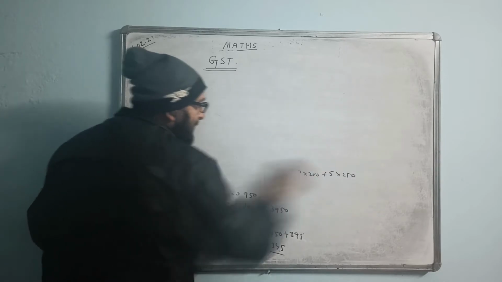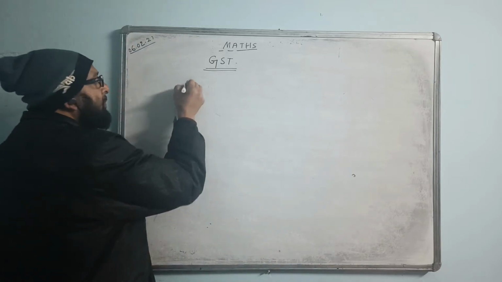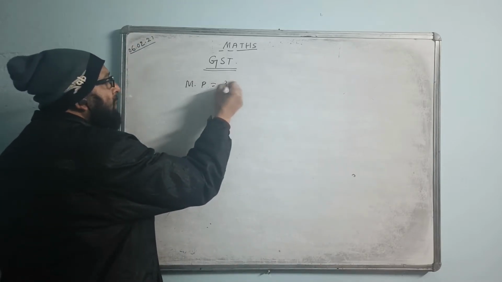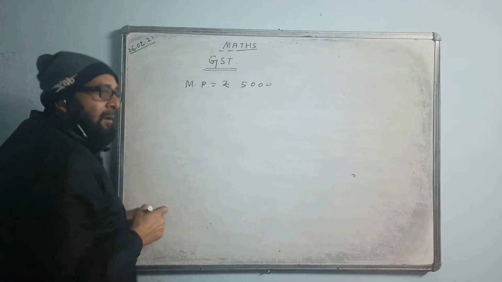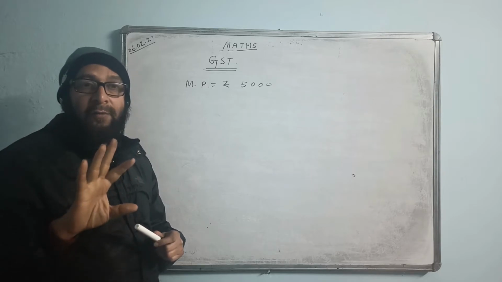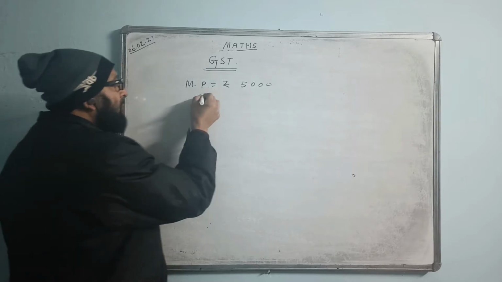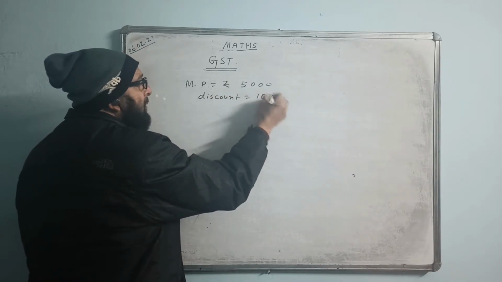Now another time, you see that. Suppose the question says the mark price of a camera is rupees, say, 5,000. I just give you an example. A person buys the camera at a discount of 10%. There is a discount on it. Discount is 10%.